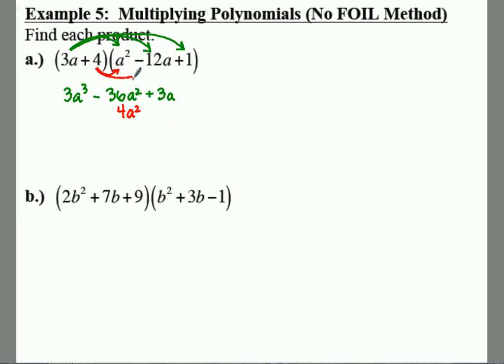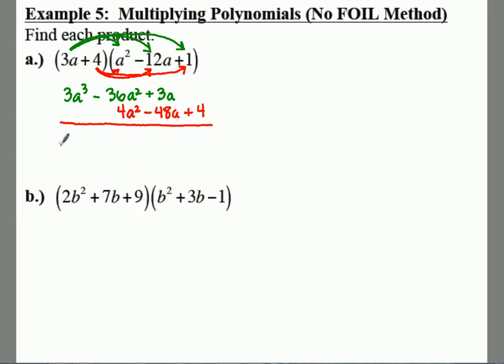It makes your final answer a little bit easier. Now you have to take 4 times your negative 12a, so that's going to give us a negative 48a, and I'm going to write that underneath this a term. And then I'm going to take 4 times 1, which is just going to give us a 4. I can't write this 4 under anything because I don't have any other constant values.